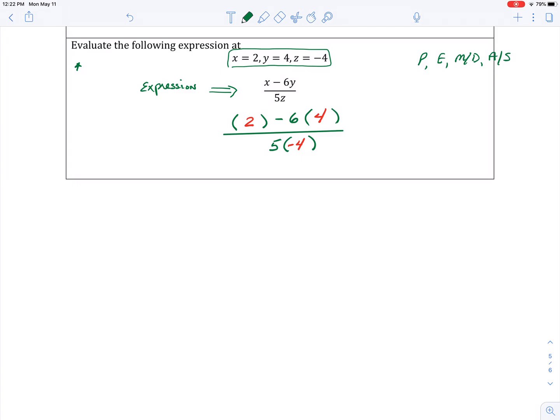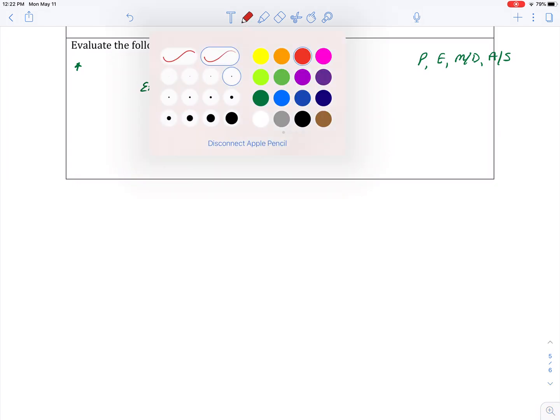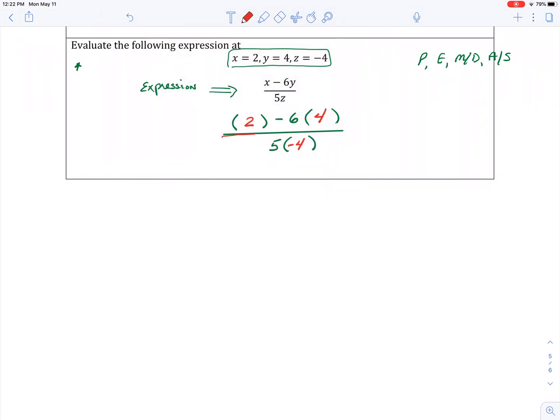Because this fraction bar here serves as a symbol of inclusion. It tells you that you need to work on everything in the numerator, work on everything in the denominator, get all of that settled, and then you can go ahead and take care of any division at the end.